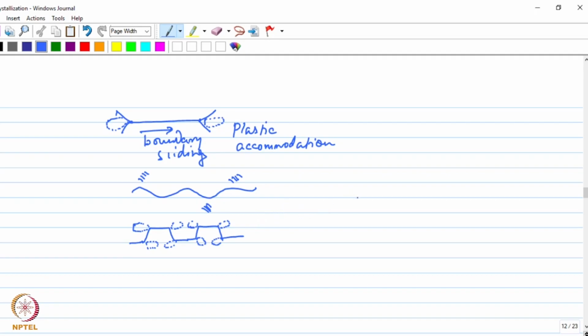So these grain boundary bulges that you have now within the mantle or even outside will be subjected to non-uniform shear.